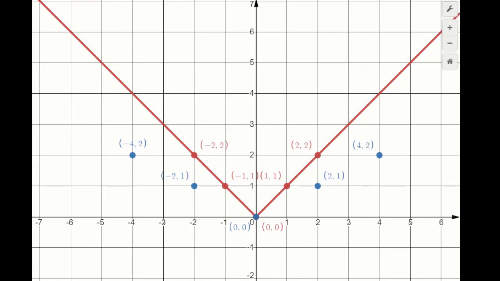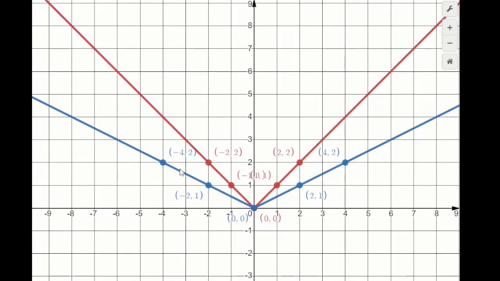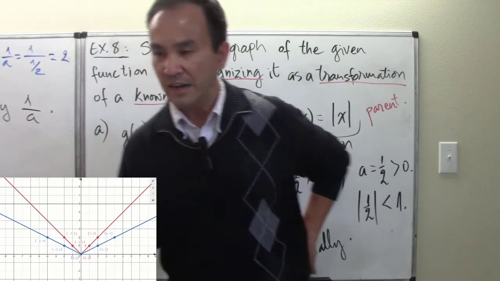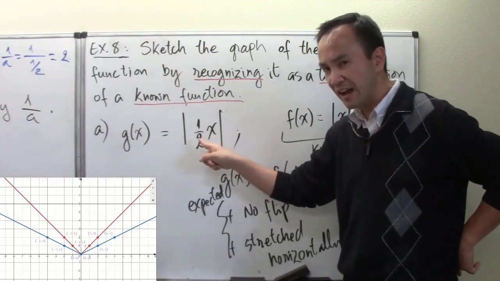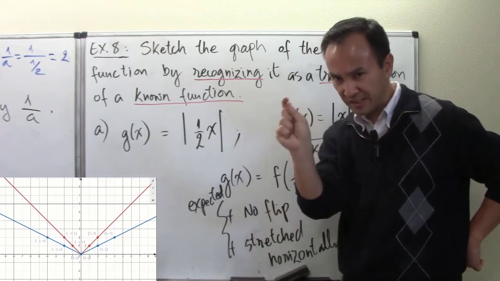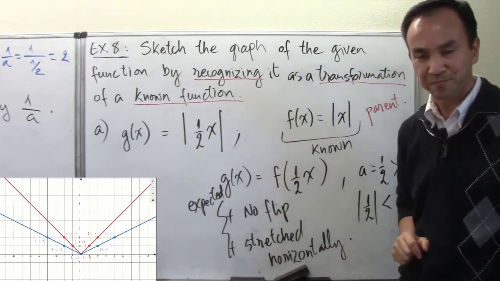So now this is what it looks like. One piece is going down like that, and the other piece is going up. That is how we sketch the graph. This graph in blue right here is the graph for the function g of x equals absolute value of 1/2 times x, so 1/2 times x is inside of the absolute value.